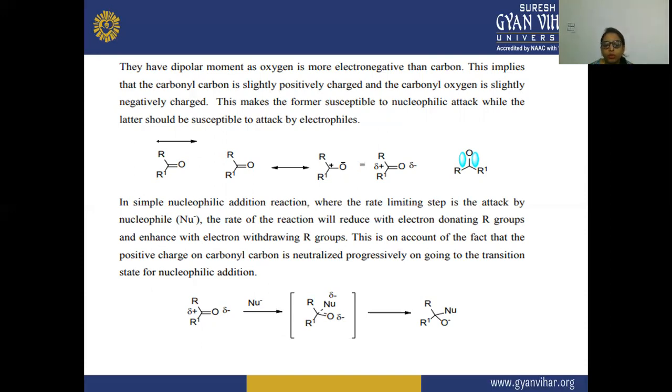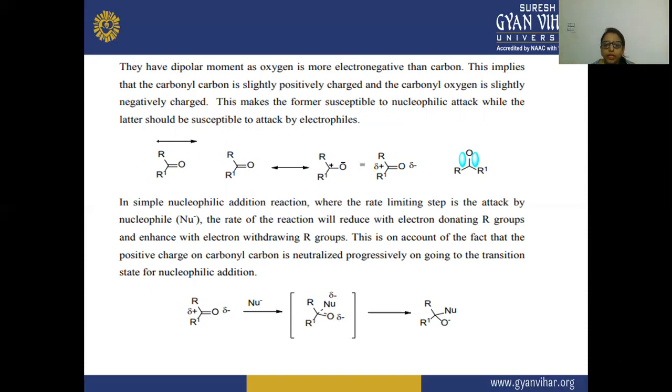Because oxygen has pulled electrons from the carbon, the oxygen carries a partial negative charge and the carbon gets a slightly positive charge.